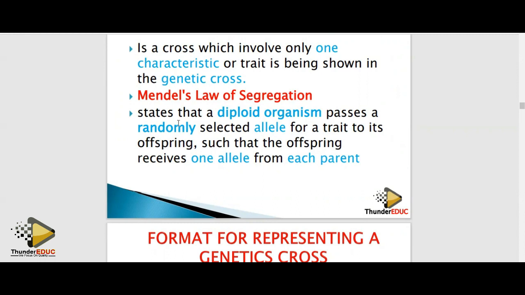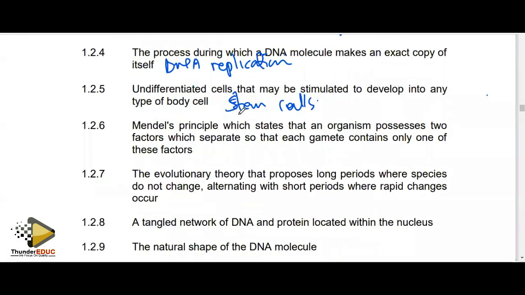Mendel's law of segregation states that the diploid organism passes randomly selected alleles for a trait to its offspring, such that the offspring receives one allele from each parent. So the question is asking for the principle which states that the organism possesses two factors which separate, so that each gamete will contain only one of these factors.